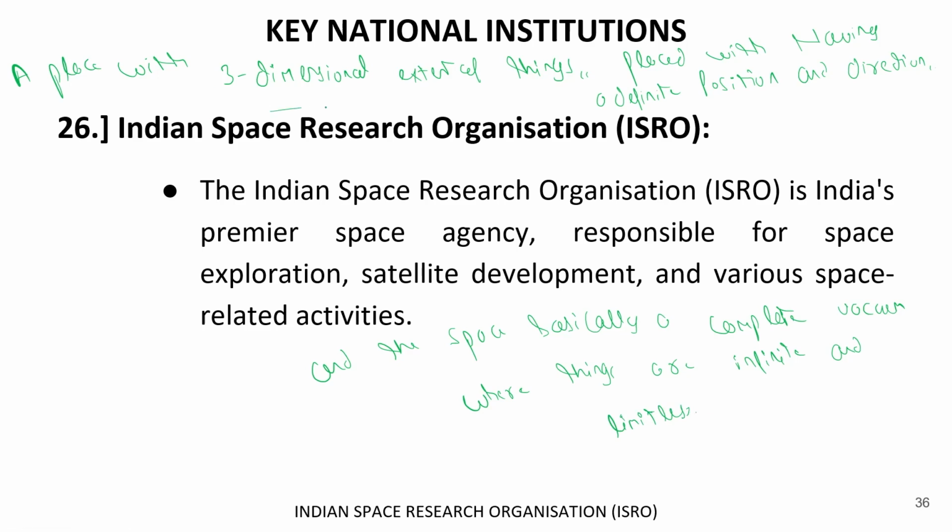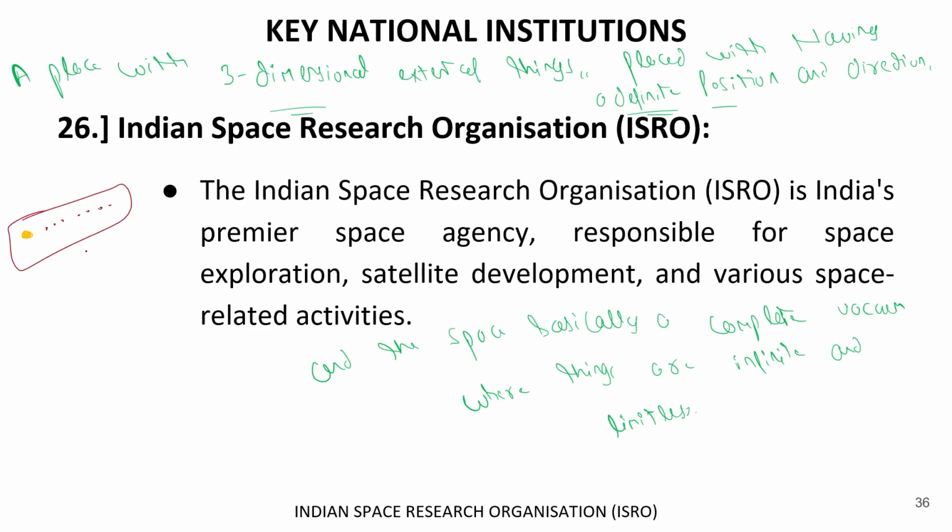It is a place of three-dimensional extent. It means that everything is in object form, whether it's planets, stars or other celestial bodies, and they are placed with a definite position and direction. Like if we talk about the solar system, this is the sun, and thereafter there are a total of 8 planets.